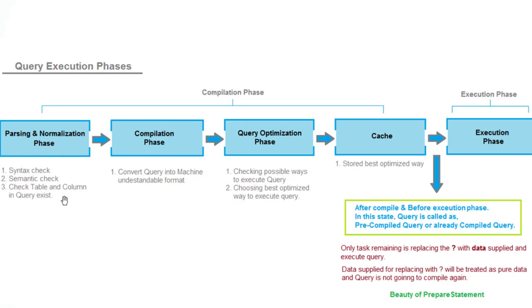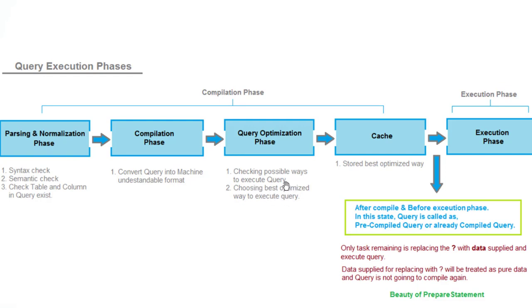Once it is done, that particular query will be converted into a machine-understandable format. If you are working with Oracle, it will be converted into an Oracle engine understandable format. And then, moving on to the third phase, it is called the query optimization phase. Here, it will check how fast this particular query can be executed, checking possible ways to execute the query and choosing the best optimized way.